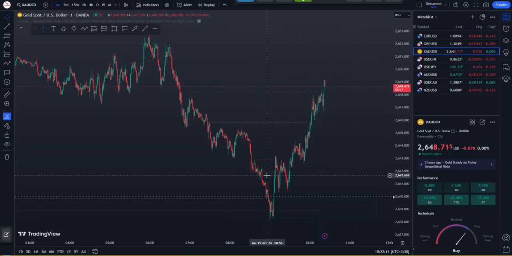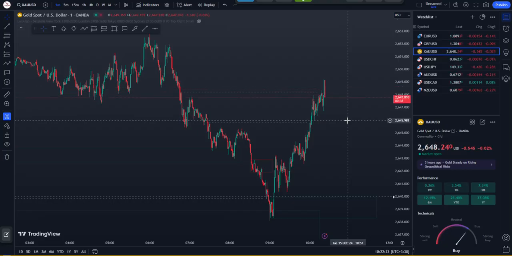So this swap is created here, and this swap is created here, orders executed.